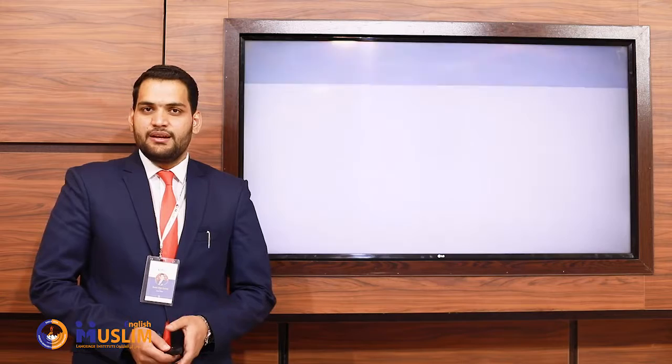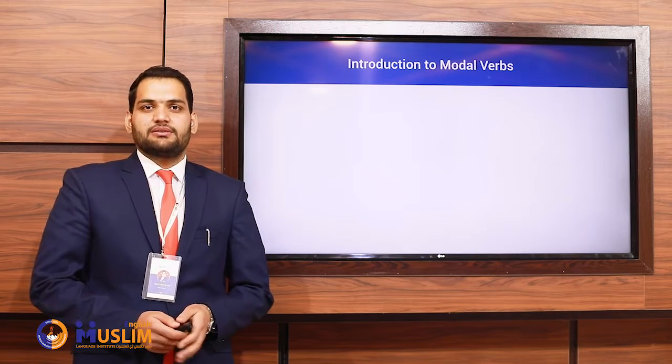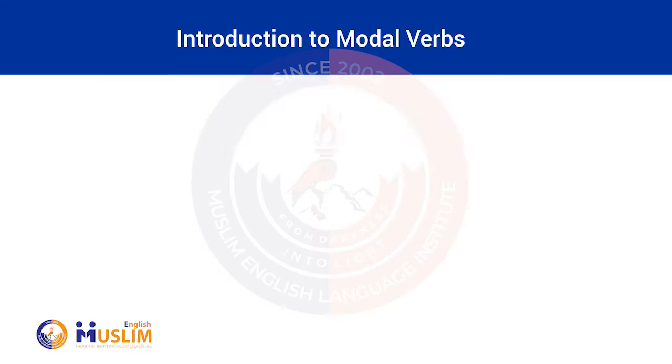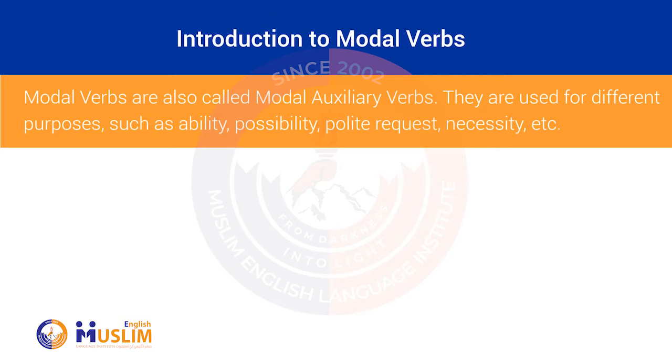In this lesson, we are going to talk about modal verbs. Modal verbs are also called modal auxiliary verbs. They are used for different purposes like ability, possibility, polite request, necessity, etc. There are many purposes for which we use a modal verb.